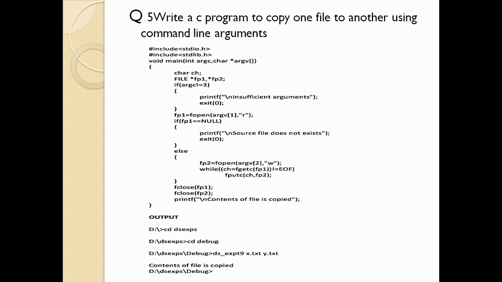The command line parameters or arguments are the parameters that are passed to the function main when the program is invoked. These parameters are passed by the operating system to the programs.